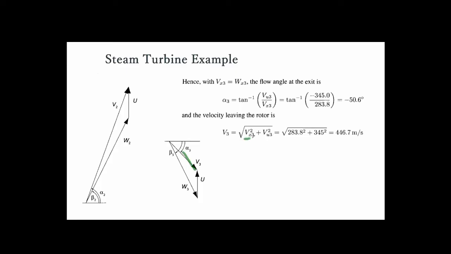We have the value of Vx3 and also the value of Vu3. Plug in those values inside this equation, we will get V3 equal 446.7 meters per second. So now we can put the flow angle at the exit value and the velocity leaving the rotor value inside the velocity diagram to complete question A.